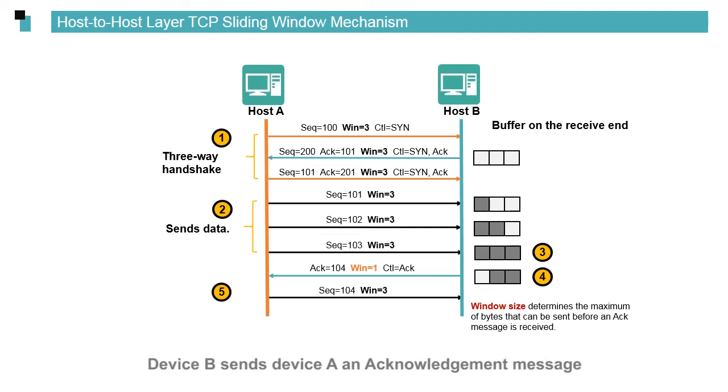Device B sends Device A an acknowledgement message to confirm the last received message with sequence number 103. The acknowledgement message carries the acknowledgement field of 104 and the window field of 1. Value 1 indicates that Device B has a single buffer unit available.